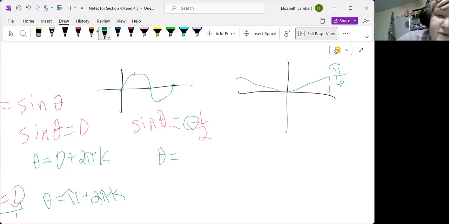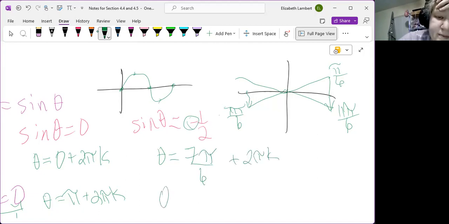So not the 5 pi over 6, but I want 7 and 11 here, because that's where the sign is negative. So theta is 7 pi over 6 plus 2 pi k, and 11 pi over 6 plus 2 pi k.